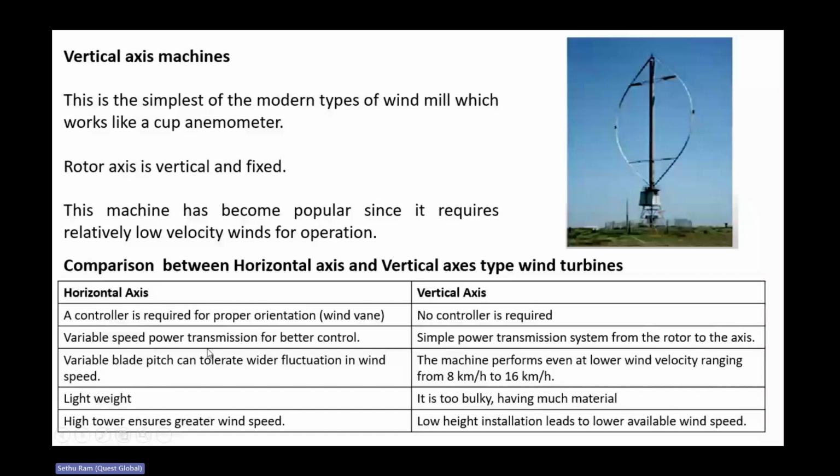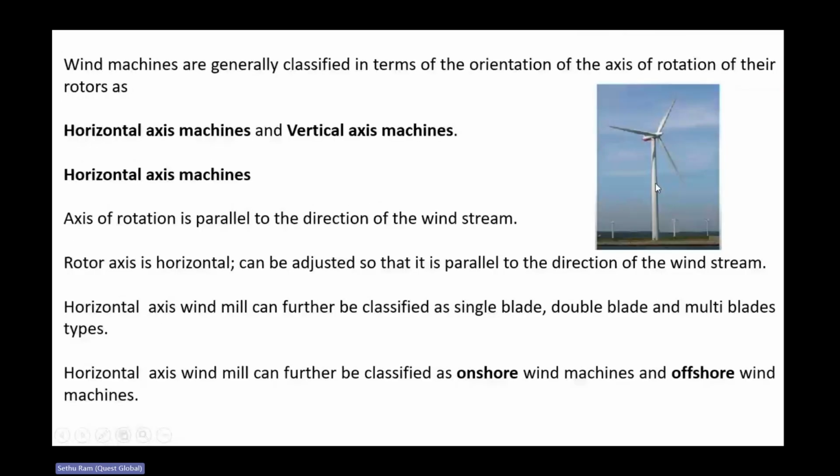Variable speed power transmission gives better control, while the vertical type has a simple power transmission system from the rotor of the axis. Variable speed power transmission means whatever energy we receive from this wind turbine rotates these blades, and that blade rotation will not be at constant speed; it will be variable.